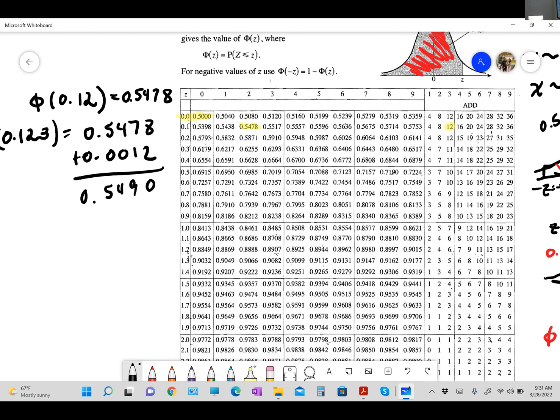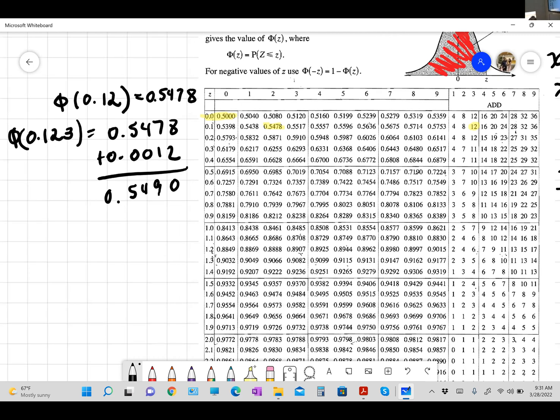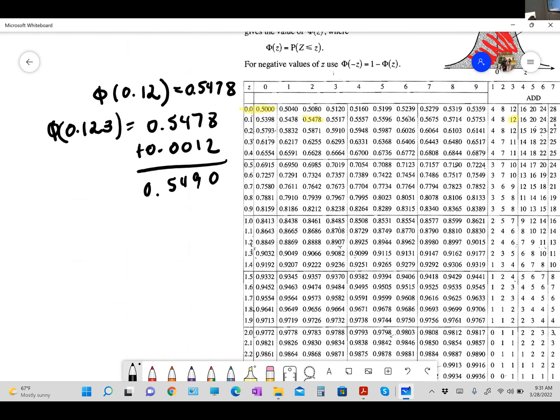But obviously it can't be this easy. It is. So like 0.123, phi of what? Tell me.